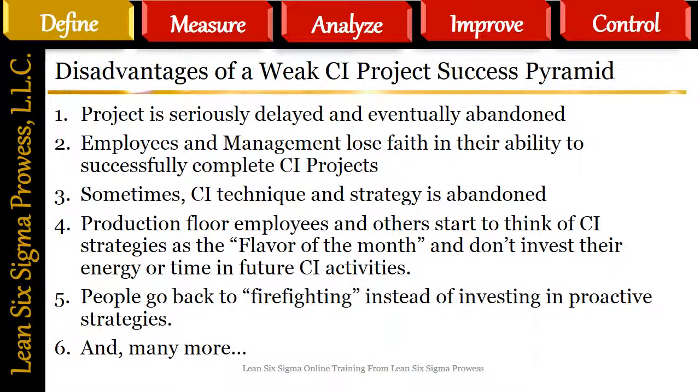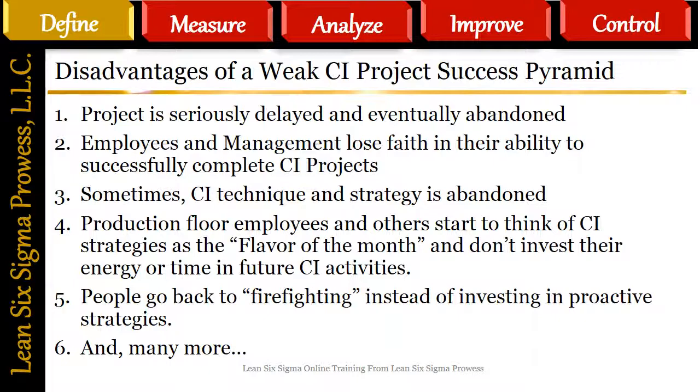Disadvantages of a weak continuous improvement project success pyramid. 1. Project is seriously delayed and eventually abandoned. 2. Employees and management lose faith in their ability to successfully complete continuous improvement projects. 3. In some cases, the continuous improvement technique and strategy is abandoned. 4.